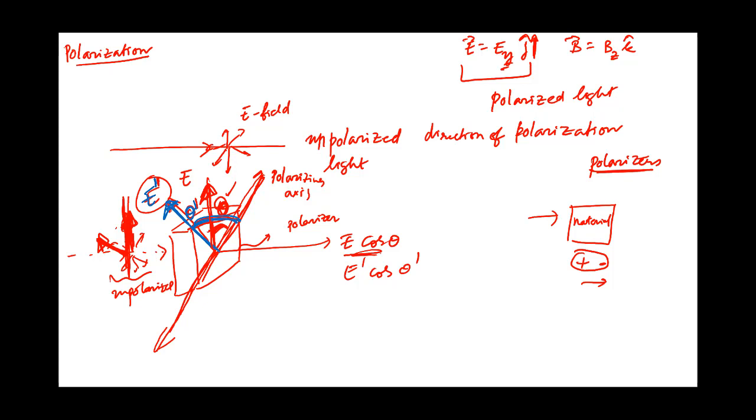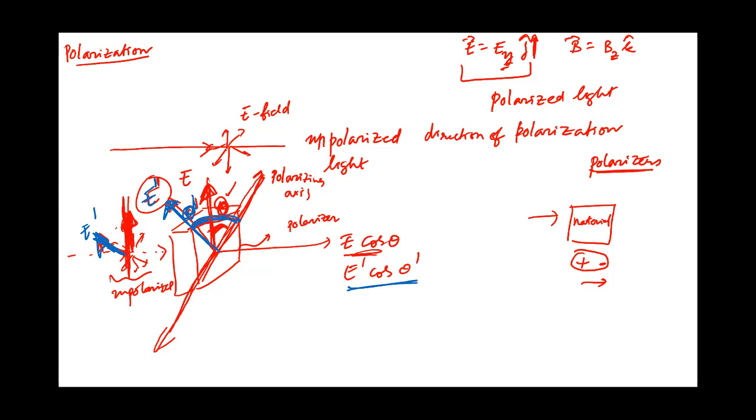And if I pick another direction, call it E prime, and let's say E prime makes an angle theta prime with the polarizing axis, then E prime cosine theta prime comes out.